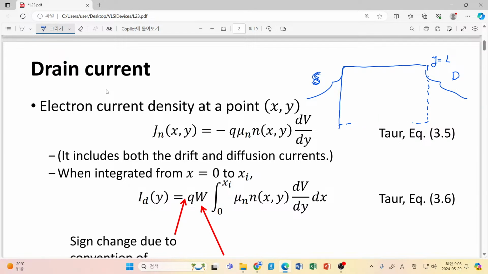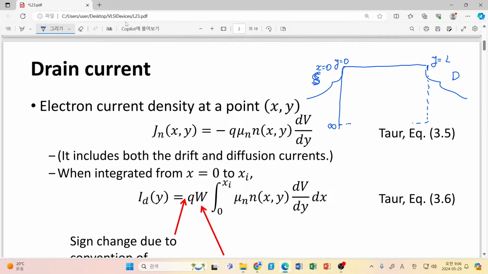We want to solve our equations over this two-dimensional space. The boundary starts from y equal to 0 and ends at y equal to L, and also starts from x equal to 0 and goes to infinity. Somewhere there we have the end of our system.